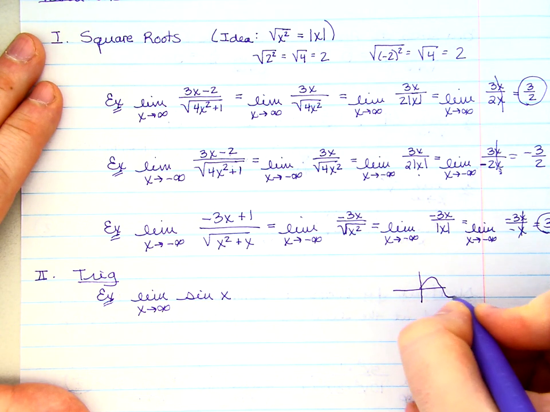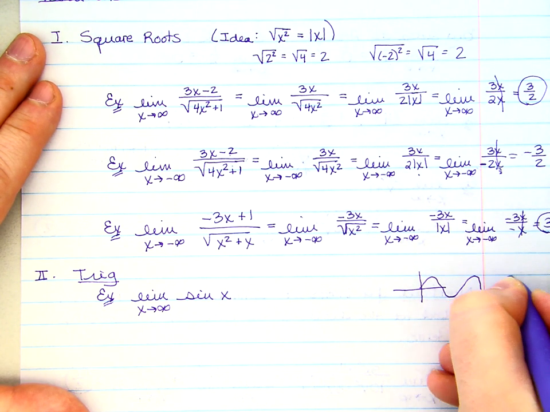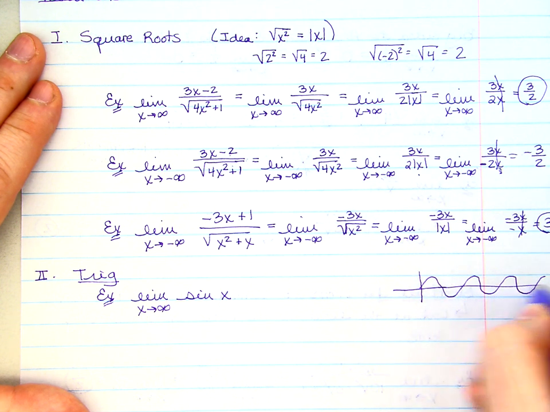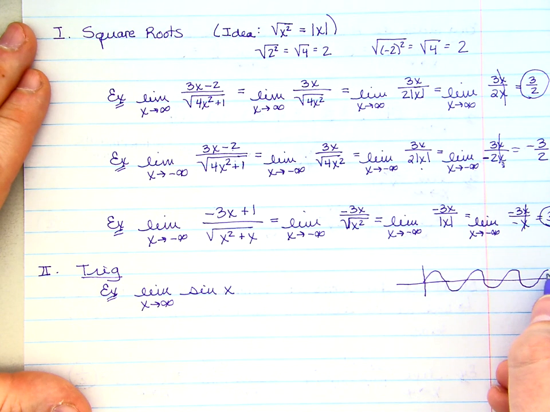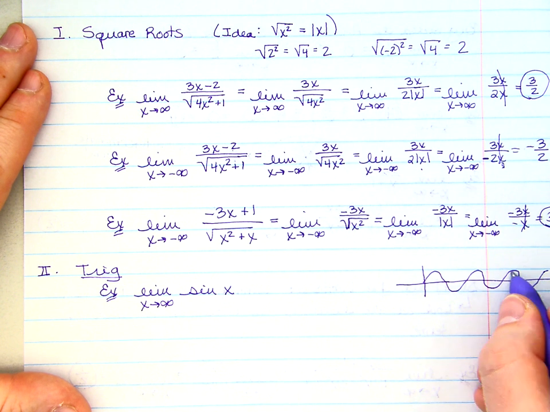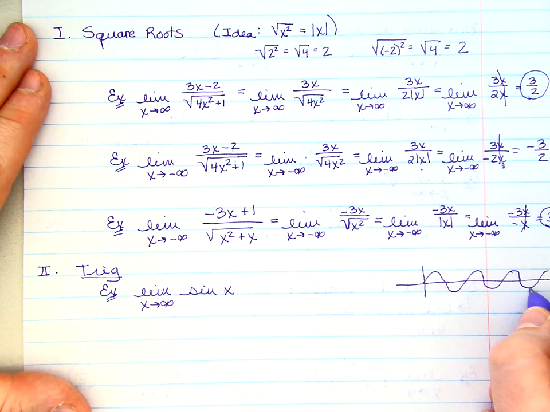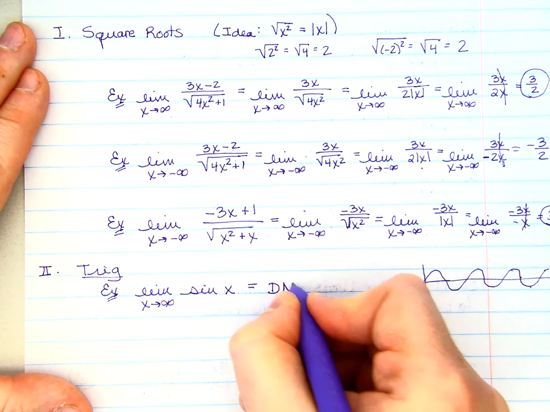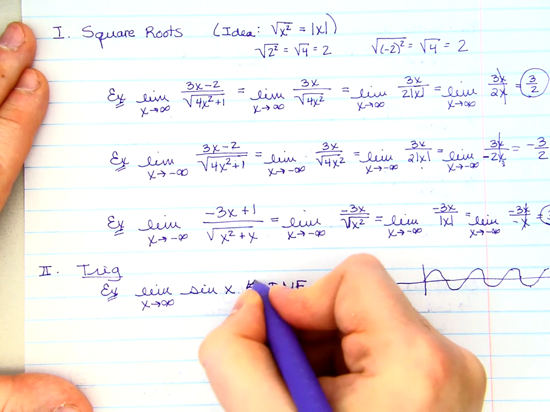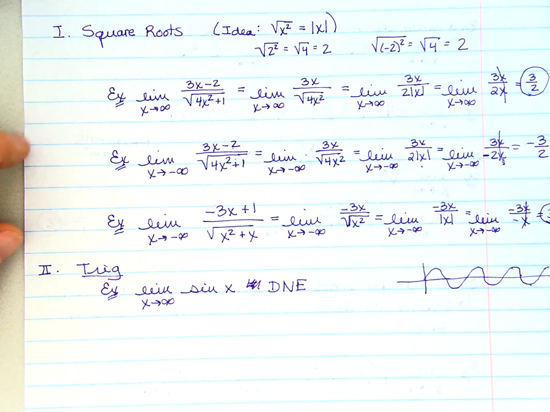Sine, remember, just kind of keeps bouncing between -1 and +1 and taking on all the values in between. So the sine of a really big number might be 1, and go a little bit further, and then it might become 0, and then it might become -1, and this limit does not exist. I probably shouldn't say equals. That limit does not exist.